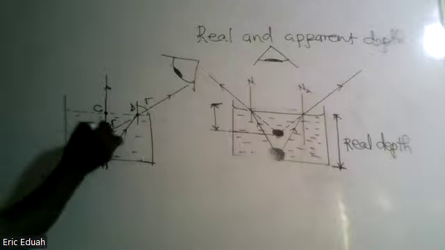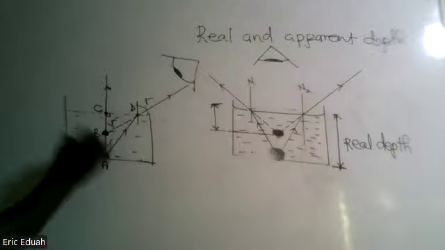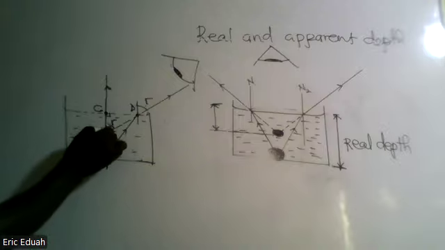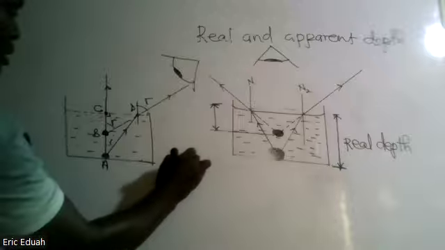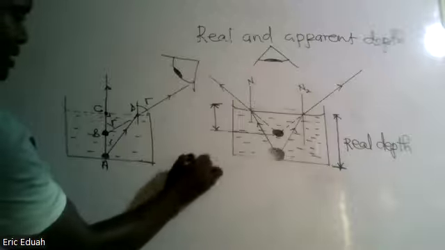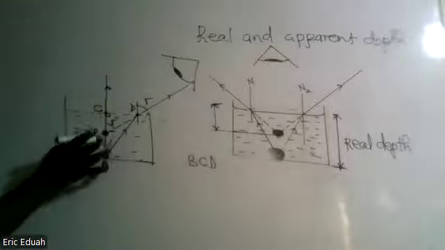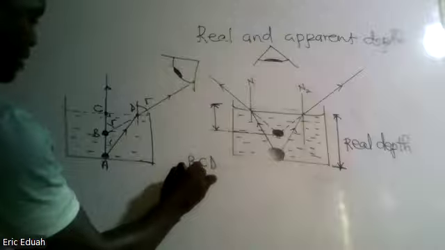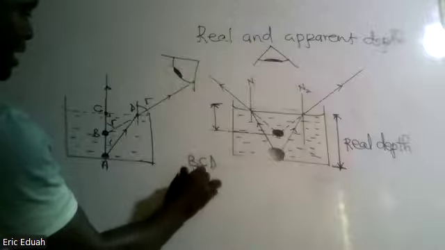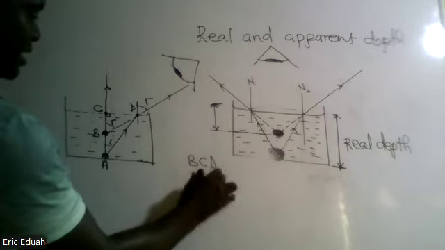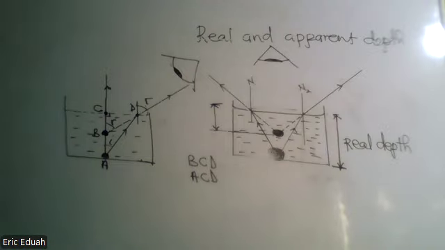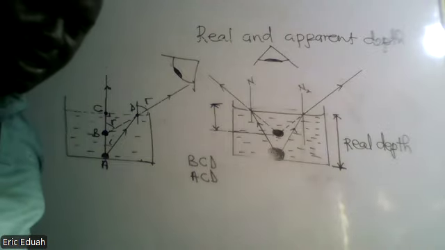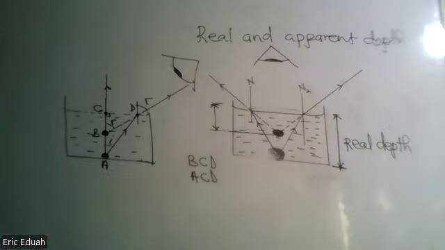This is perpendicular to this. The smaller one, BCD, and we have triangle ACD. Class, are you following? Yes. So we have these two triangles.